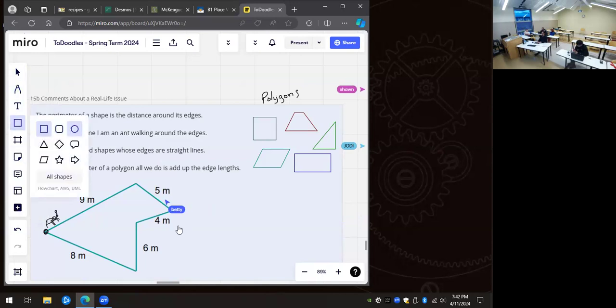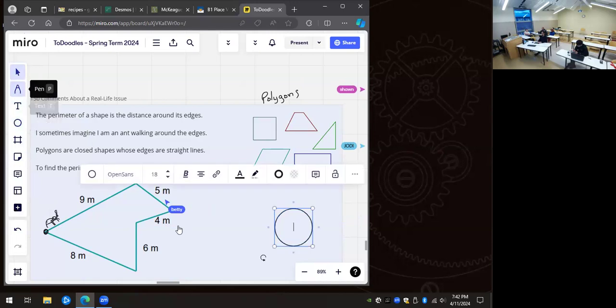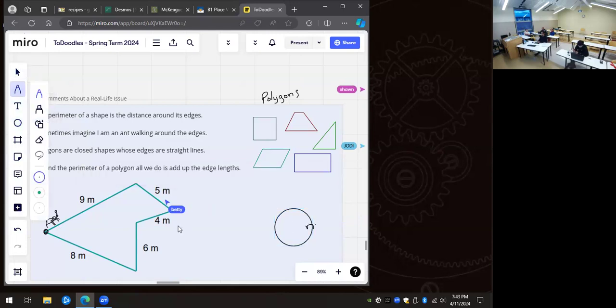A circle is not a polygon because it doesn't have straight lines. And the other way you can have something that's not a polygon is that it's not closed. So if you had a shape that looked like that, that's also not a polygon, because it doesn't have the last line to connect things.